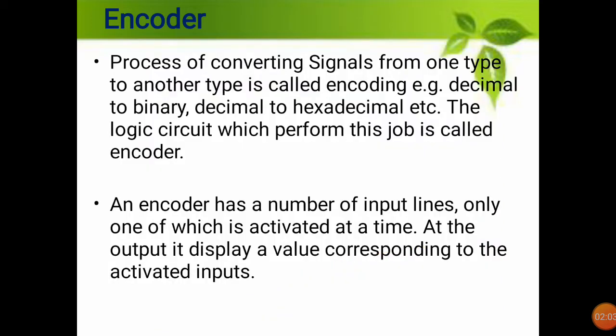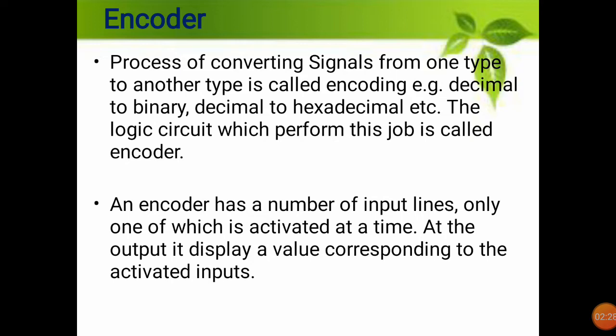Now come to the encoder. The process of converting signals from one type to another type is called encoding. For example, decimal to binary, decimal to octal, decimal to hexadecimal, etc. The logic circuit which performs this job is called an encoder.